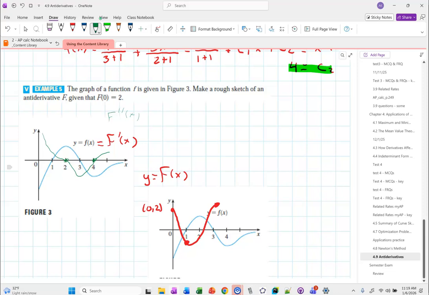We're decreasing there, so we're negative second derivative. And then we're increasing here, so positive second derivative. So concave up, concave down, concave up. So this should be like that, right? Because at 4, we're having that change in concavity. And really at 2, we're having that change in concavity.